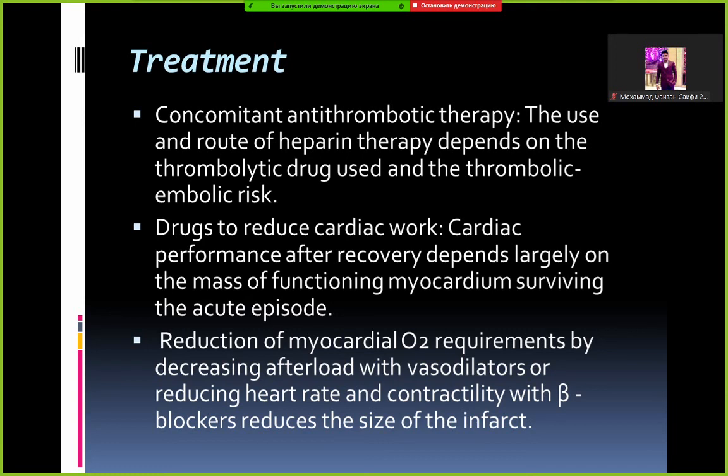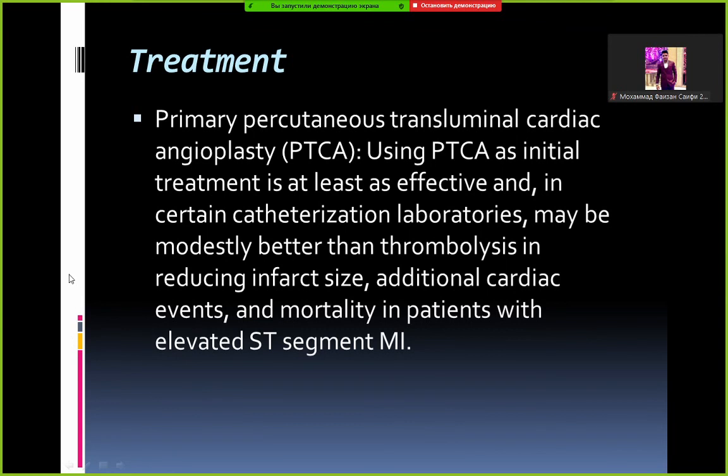Reduction of myocardial oxygen requirements by decreasing afterload with vasodilators or reducing heart rate and contractility with beta blockers reduces the size of myocardial infarction. And the last, primary percutaneous transluminal coronary angioplasty.